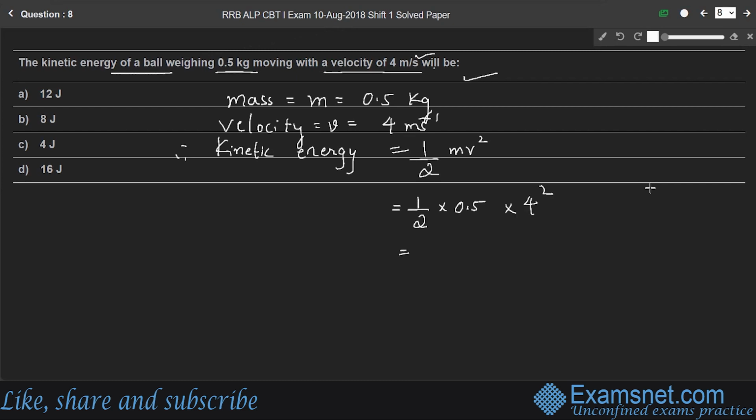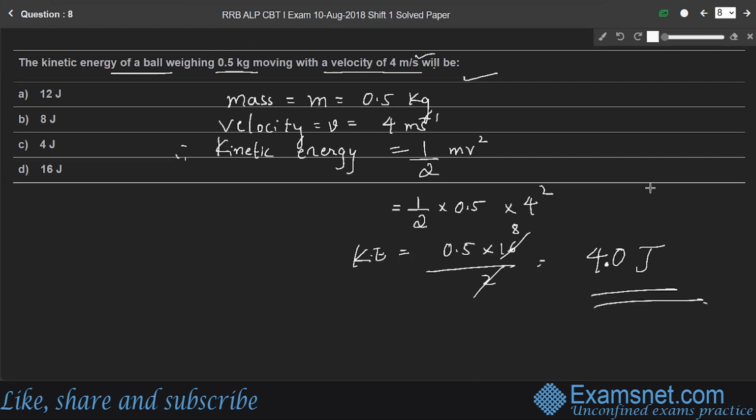Velocity is 4. Therefore, 0.5 into 4 square is 16 by 2. 2 into 8 is 16, so 8 into 5 is 40, with a decimal point. Therefore, the kinetic energy of the ball is 4 joule. Option C is the right answer.